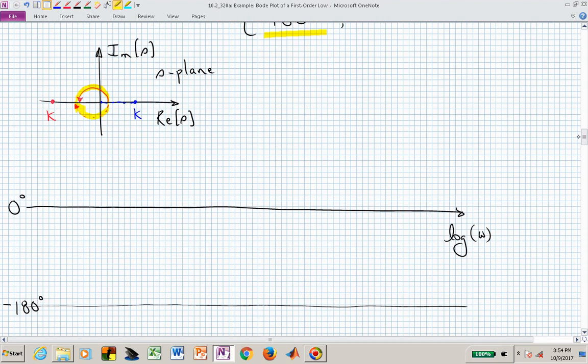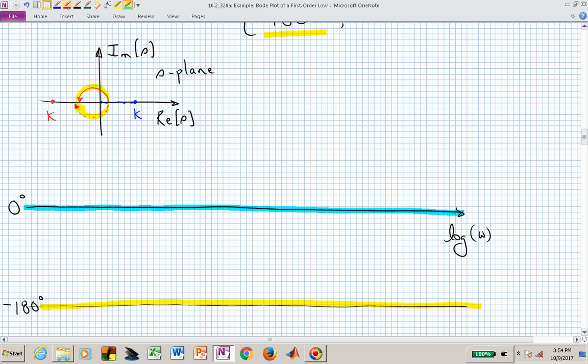So, depending on what k is in terms of its sign, S-I-G-N, then we will either have a phase curve that is here at minus 180 degrees for all frequencies, or if our gain k is positive, then it's not contributing any angle as a function of frequency.